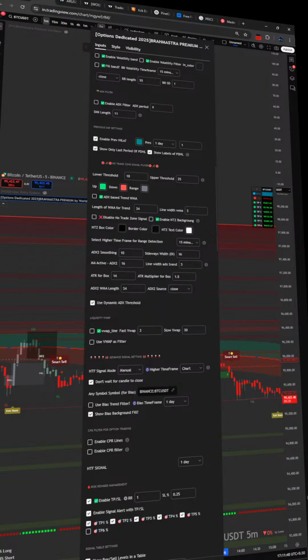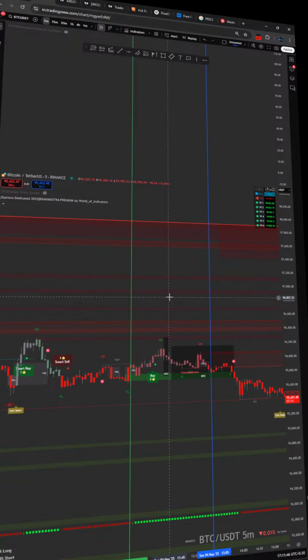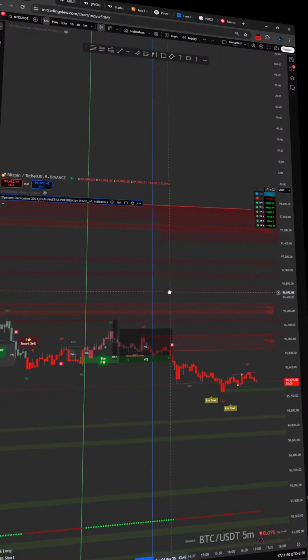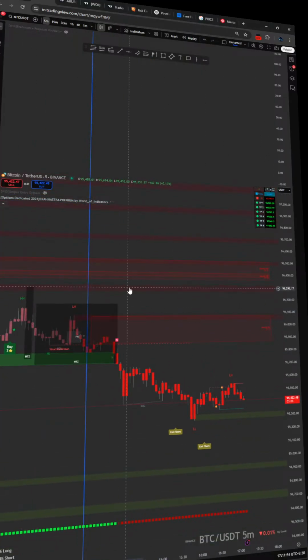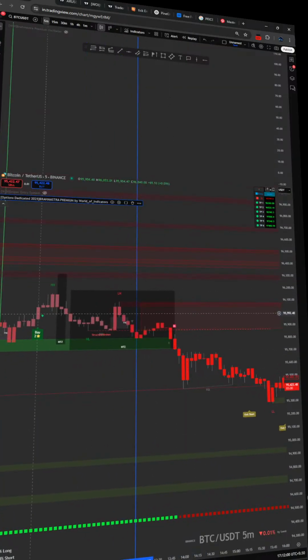Let's see what happens. See, this is the no trading zone of 15 minutes.